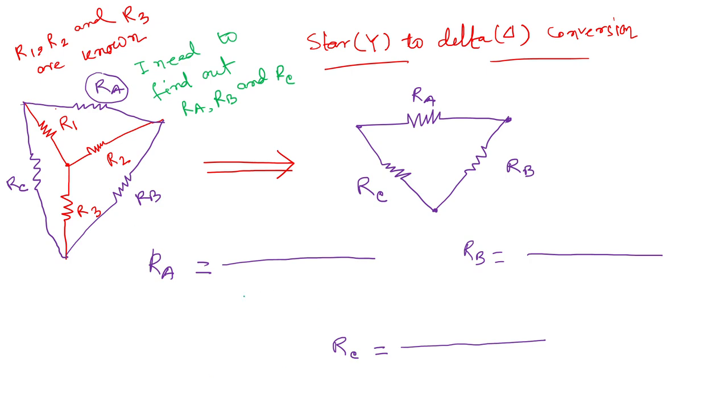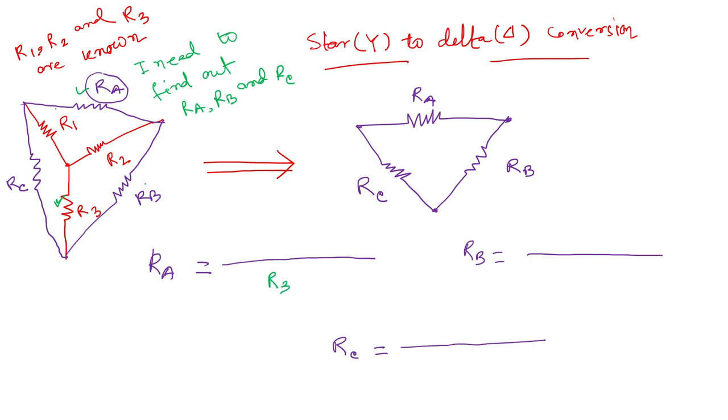R1, R2, R3 are known in star to delta conversion. I want to find this resistance RA. Keep this in mind: for the denominator, I take the opposite known resistance. For the resistance I want to find, its opposite known resistance is this one, so in the denominator I will write R3.